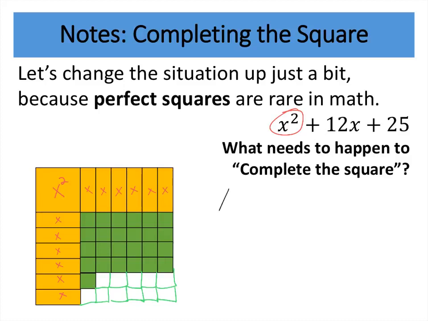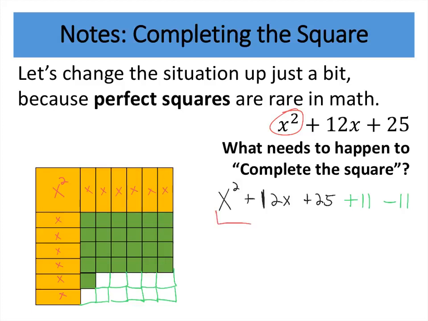So mathematically, how do we work to complete this square? So we start with what we originally had, x squared plus 12x plus 25. And in order to make it a perfect square, I'm going to need to add 11 because that's what would make it a perfect square. But I can't change the original problem, so I have to add 0. So I have to add 11 and then take 11 back away.